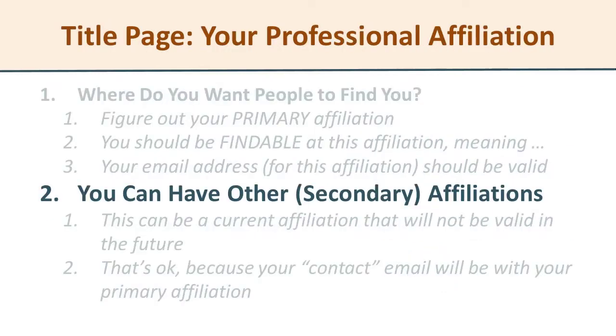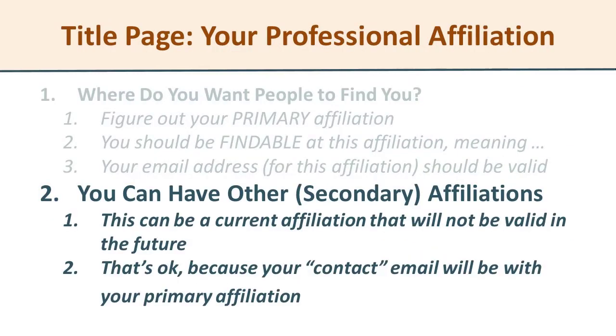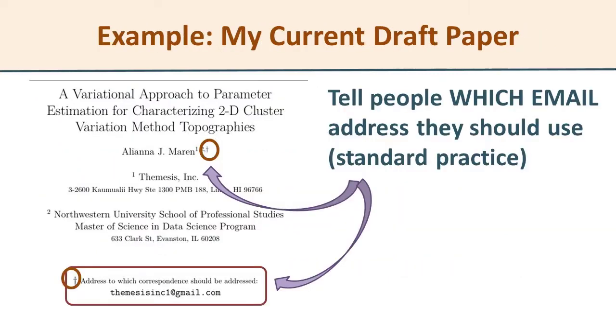I can use Northwestern as a secondary address because I'm not directing people to go there. Instead, if you'll observe, I've got that little dagger sign up above my name that directs people down to the "This is the contact information that you should use" section below, and that's where I tell people, oh, go use the Themesis email address. So this is the kind of thing you want to set up.